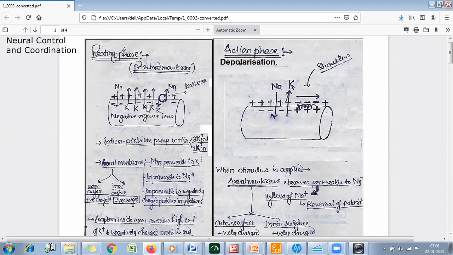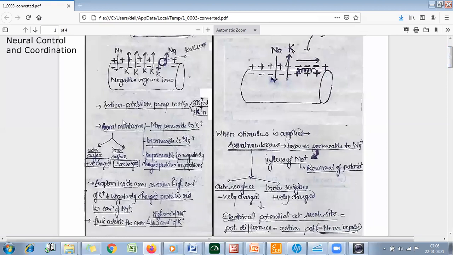So we can see here the negative charge is inside and positive charge on the outer side. Here we see the axonal membrane. The outer surface is positively charged and the inner surface is negatively charged. Why is the membrane negatively charged from inside and positively charged from outside?